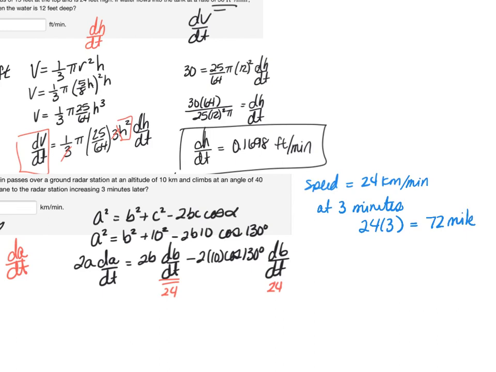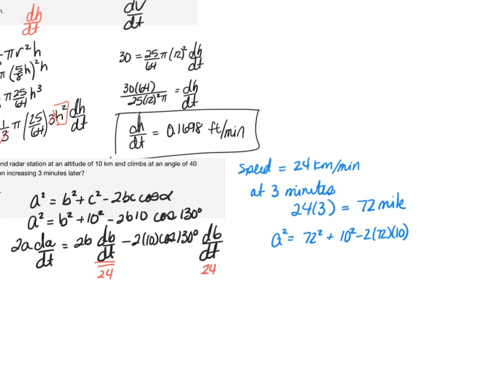We also know what C is at all times, and we know the cosine of my angle. So to find A, I have A squared is equal to 72 squared plus 10 squared minus 2 times 72 times 10 times the cosine of 130 degrees.